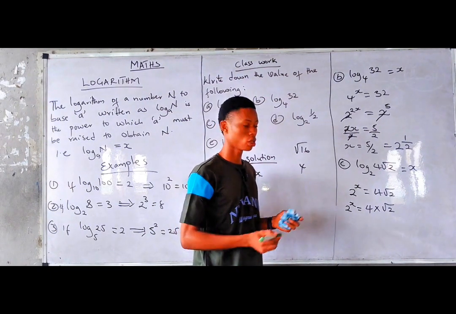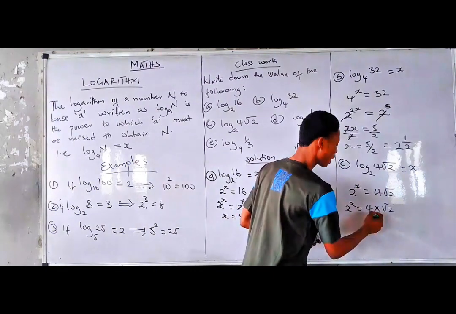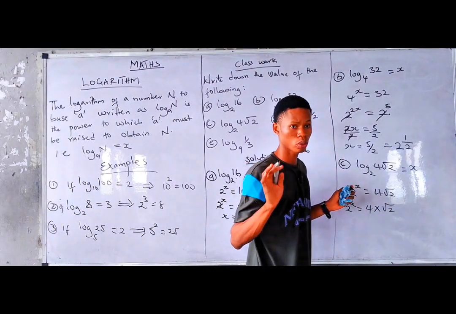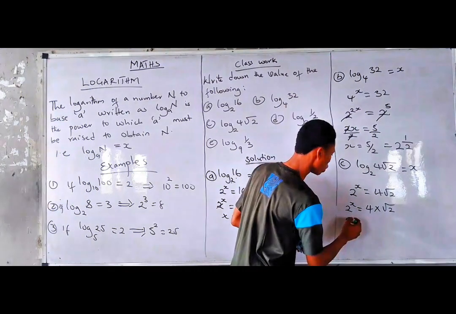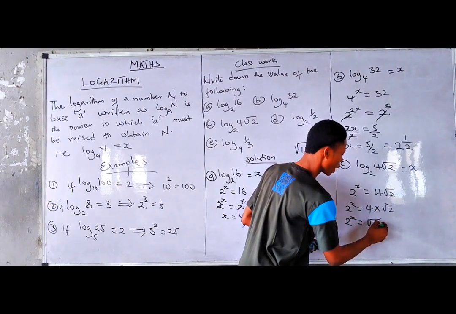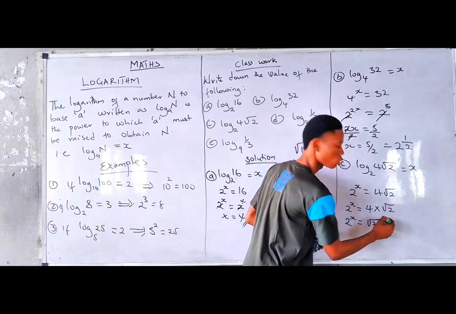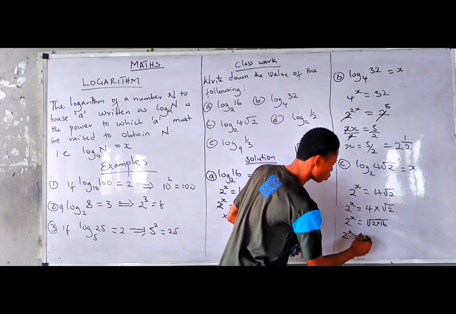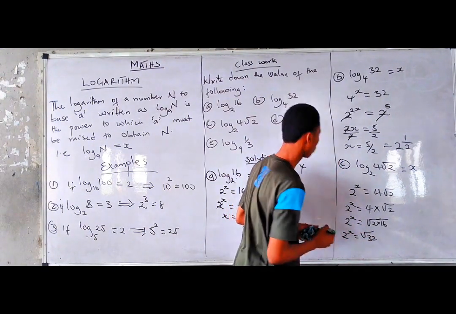Are we together? So I can decide, since I'm having a root here, to have root all through. So this is the same thing as 2 raised to power x equal to root 2 times root 16. So I'll be having 2 raised to power x equal to root what? 32. Good.